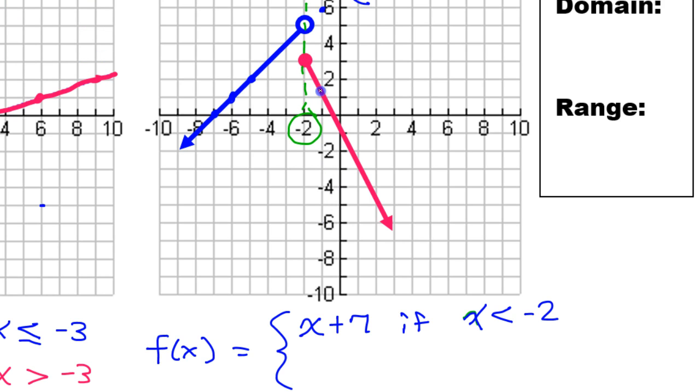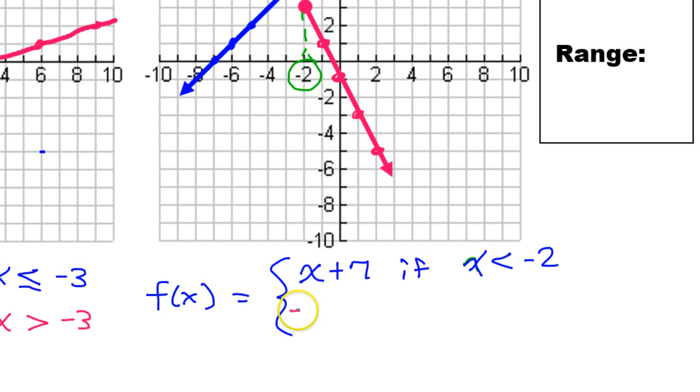But first we need an equation for the red function. Let me put some additional dots on here. This is where it seems to be hitting the y-axis. As I continue from left to right, I see it's going down to right 1, down to right 1. So that's -2 over 1, which is just -2. So I'll put -2x.